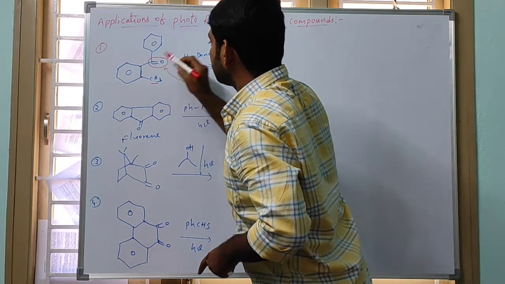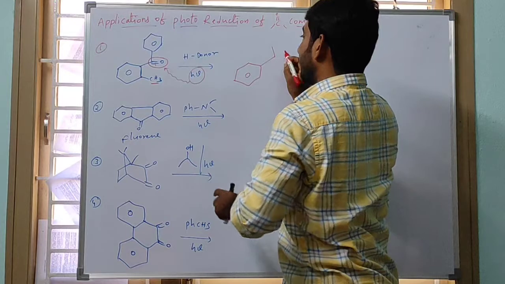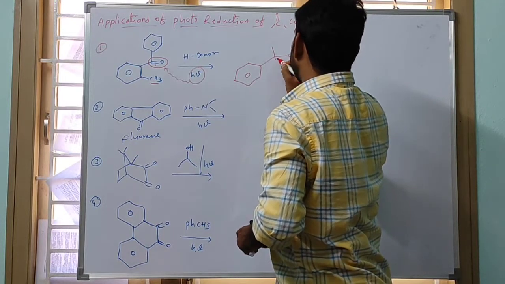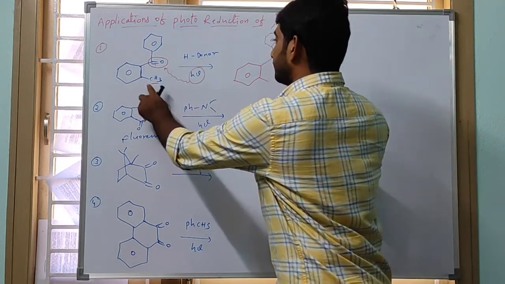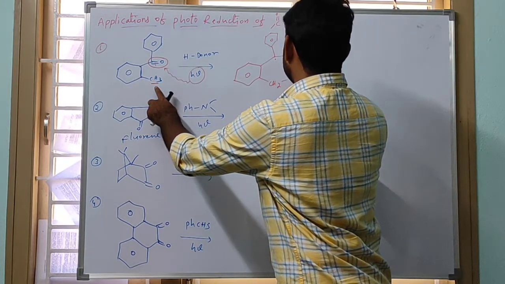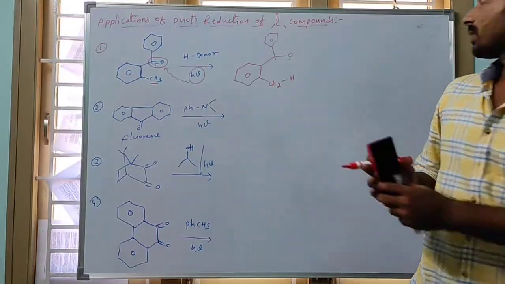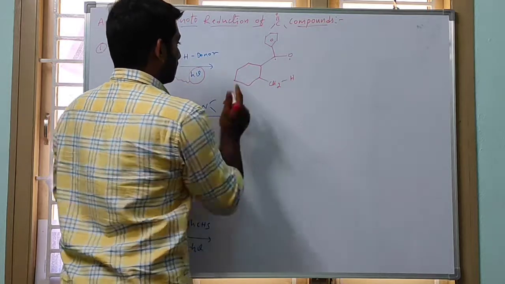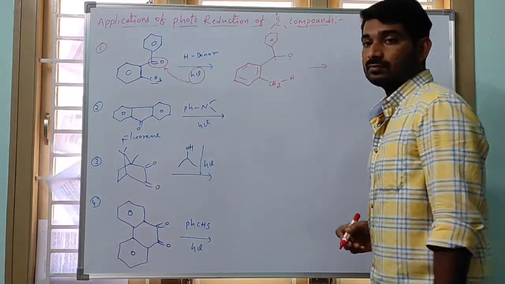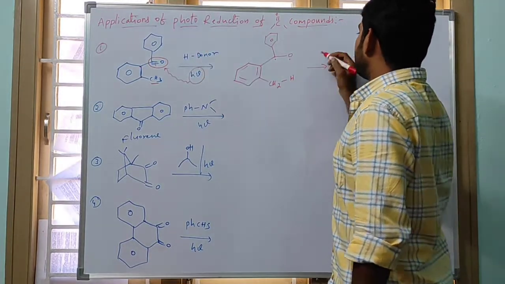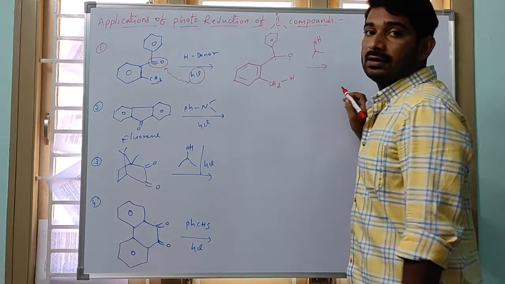Breaking one of the pi bonds of the carbonyl group gives a radical, and this moiety remains safe. Here, the CH3 group, I am writing as CH2 with hydrogen like this. Next, the hydrogen donor: any hydrogen donor you take, suppose I am taking alcohol here.